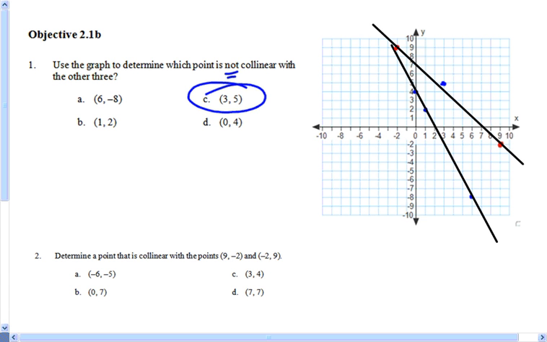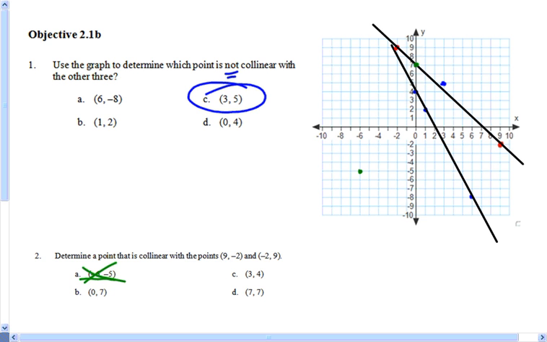But now I'm going to put the other points on. A, B, C, and D, (-6, -5). I'll do that in green. There's that one. We're looking for a point that is collinear with those, so it needs to be on that line I just drew. So we can definitely cross that one out. B is (0, 7), so that one lands right on the line.